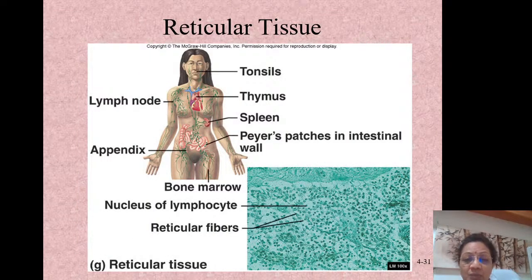Reticular tissue, again with a special stain, you can actually make out these fine line-like things, which are reticular fibers. They won't stain with typical hematoxylin eosin staining, and this is the basis of almost every organ that you have.